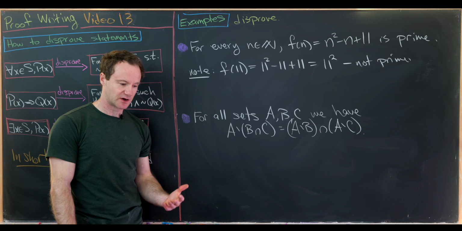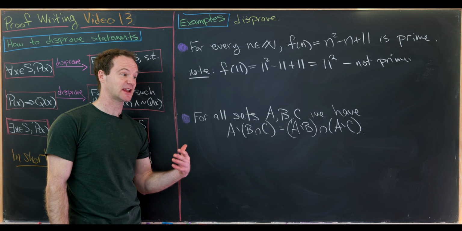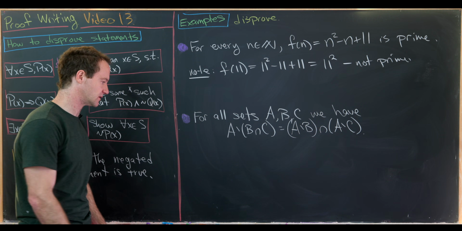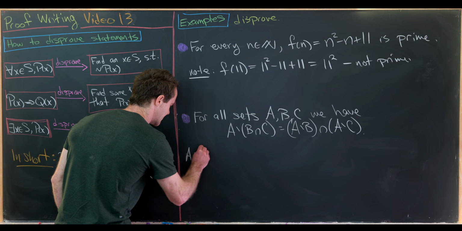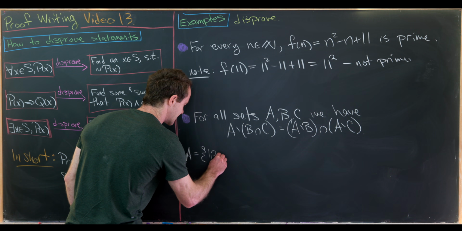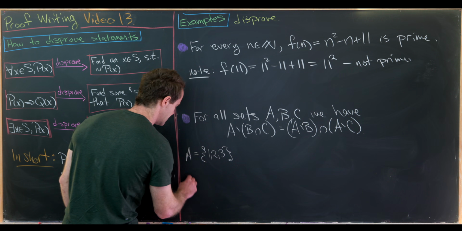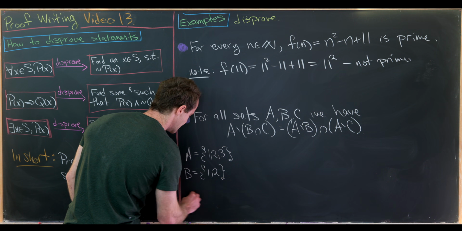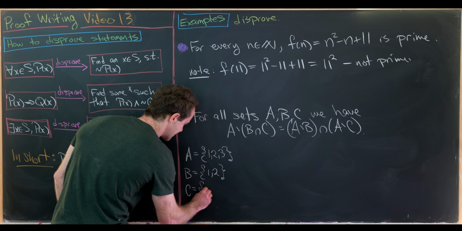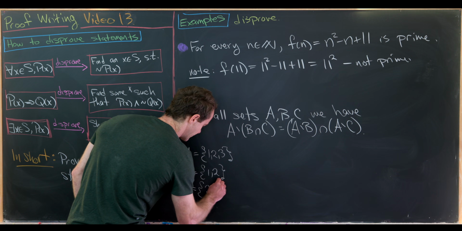And we'll show that it's false by making a particular example where this fails. So let's maybe look at the following sets. Let's take A to be the set containing 1, 2, 3. We'll take B to be the set containing 1, 2. And we'll take C to be the set containing 2, 3.